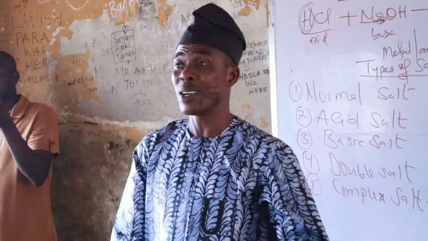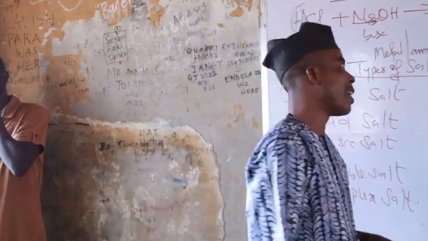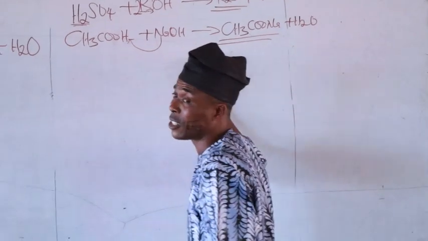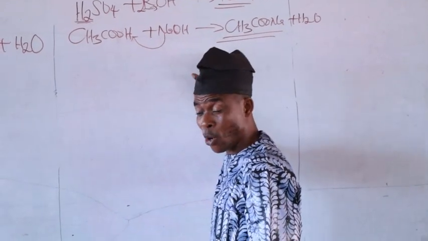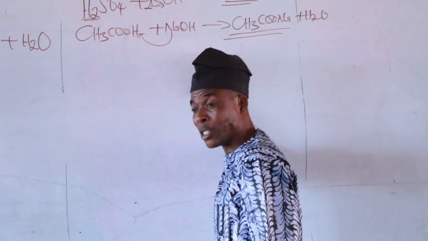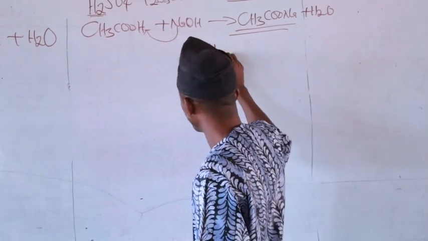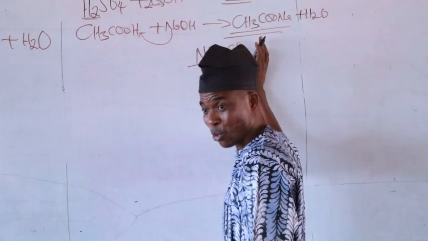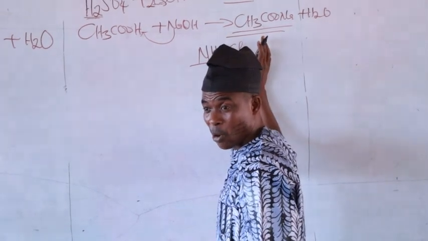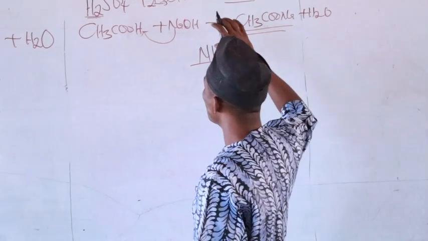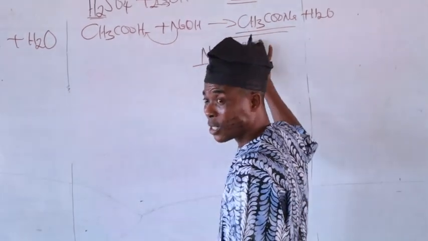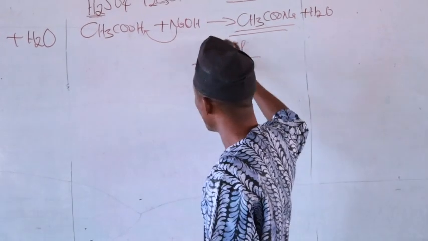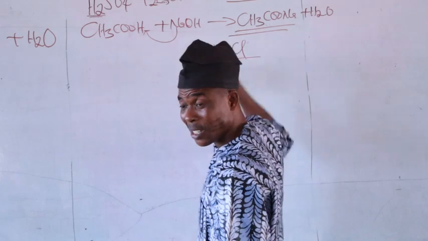If the question says, classify the following as acid or normal salt, and it is given like this, NH4Cl, this is a normal salt. Am I communicating? But by the time this salt is dissolved in solution, the solution becomes what? Acidic. It is the solution of this salt that is acidic, not the salt itself.